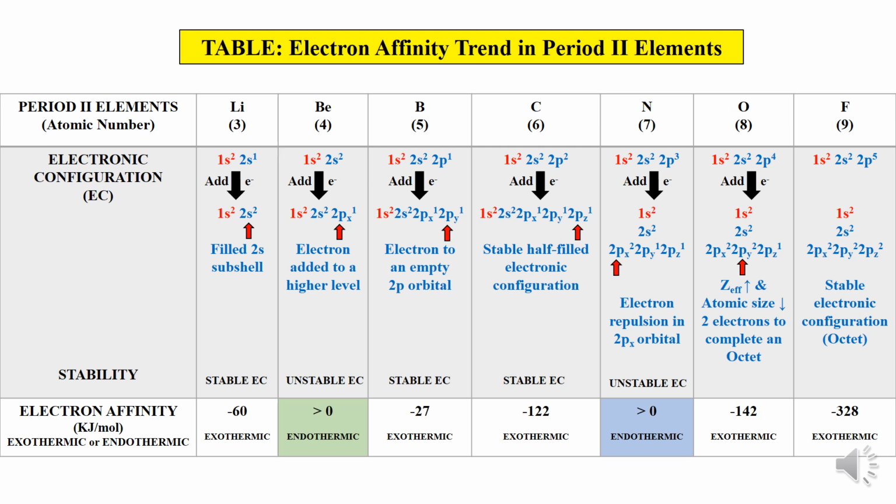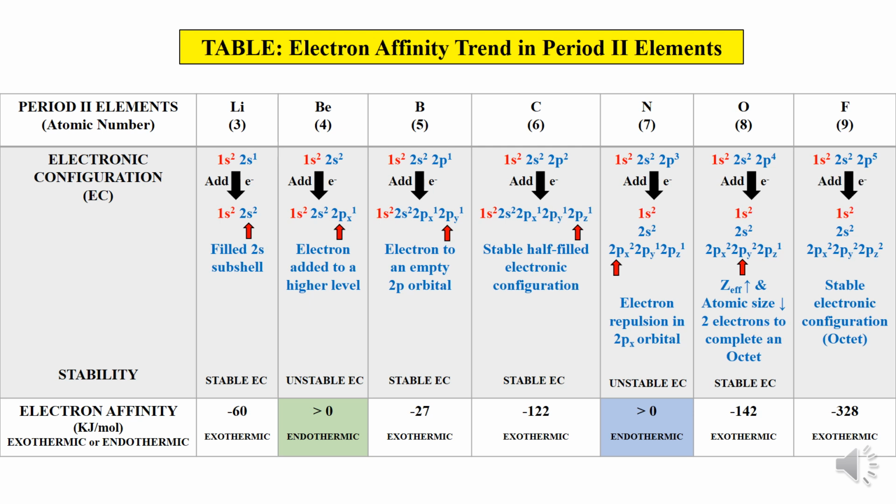In the case of the oxygen atom, effective nuclear charge is more, atomic size is less, and the oxygen atom needs just 2 electrons to complete the octet, and therefore it is stable to some extent after adding an electron. Not completely stable, but because of its small atomic size, higher effective nuclear charge, and needing just 2 electrons to complete the octet, it leads to a stable electronic configuration with an electron affinity value of -142. It's an exothermic process.